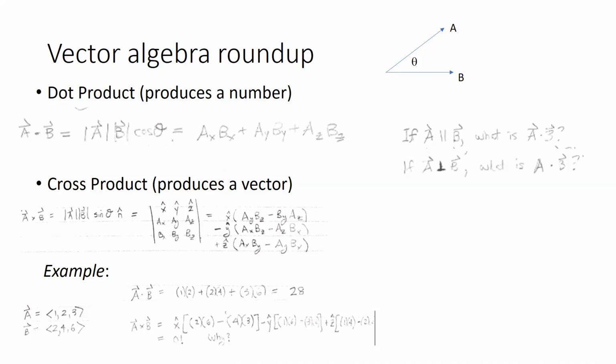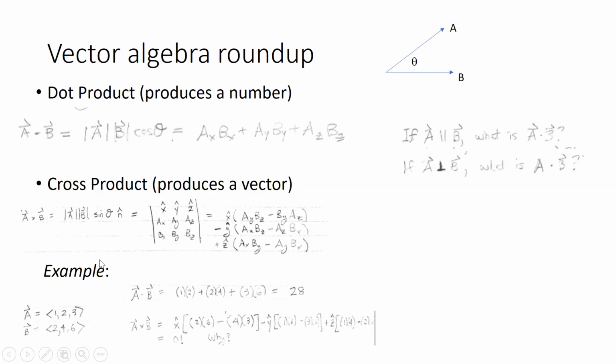Why would that make sense? Why would it make sense that A cross B would be equal to 0? Well, if you think about the alternate definition for A cross B, it's equal to the magnitude of A times the magnitude of B times the sine of the angle between A and B. These two vectors, 1, 2, 3, and 2, 4, 6, are parallel since they're multiples of each other.